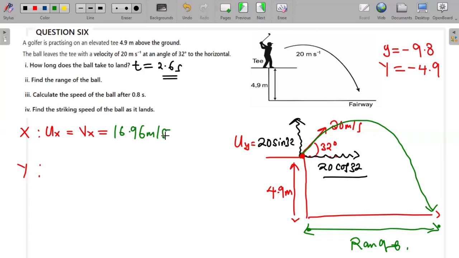This is the initial and final speed in the x. But in the y, my initial uy is 20 sine 32.